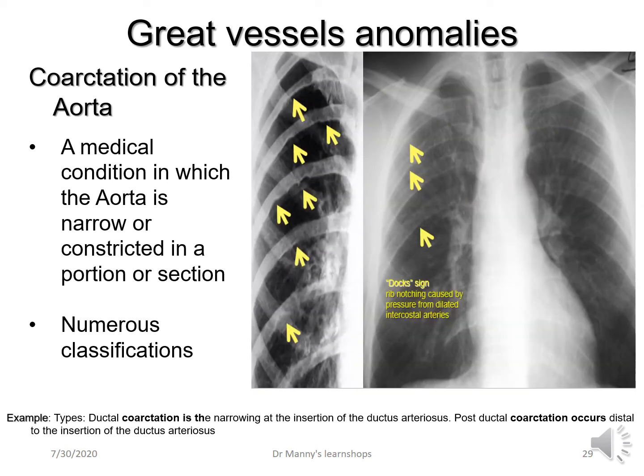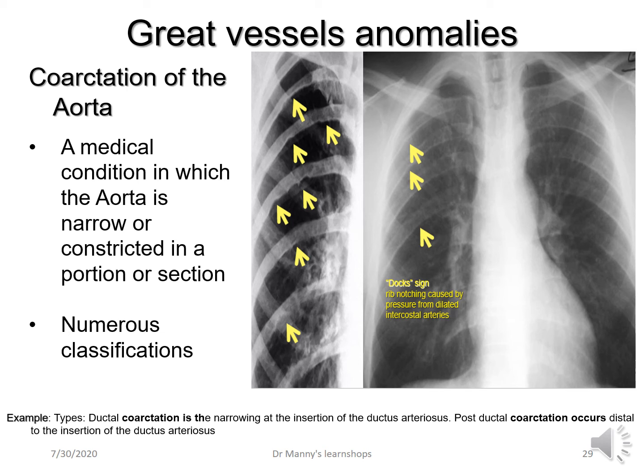Or you can get what is called Dock's sign, which occurs because of rib notching caused by pressure from the dilated intercostal arteries because of outflow problems in the descending aorta.